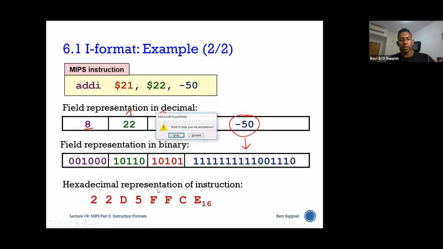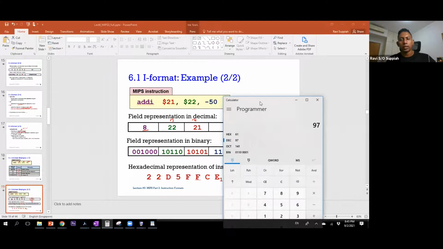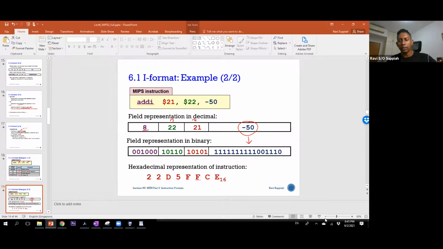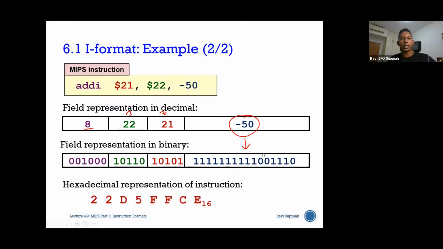So let me bring up the calculator again, just so that we can see the link. For 50, the negative of it is again 16 bits. If you look at the 16 bits here, it is 8 ones, then 1100, 1110, which is also what you have here. So that is what I mentioned just now, that the immediate value is represented as a 2's complement signed value.